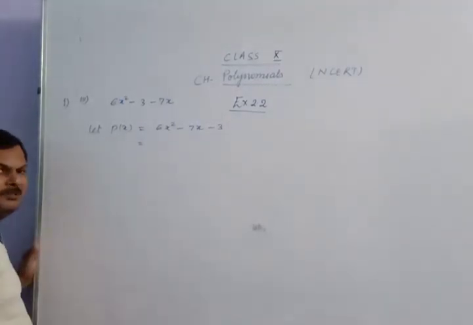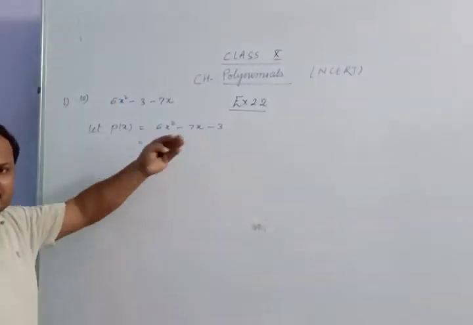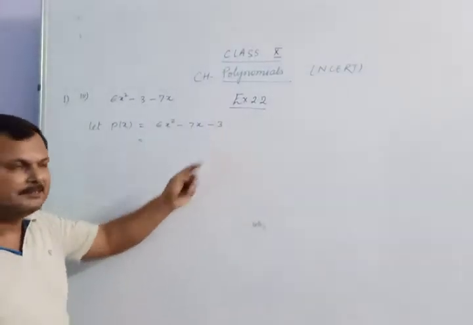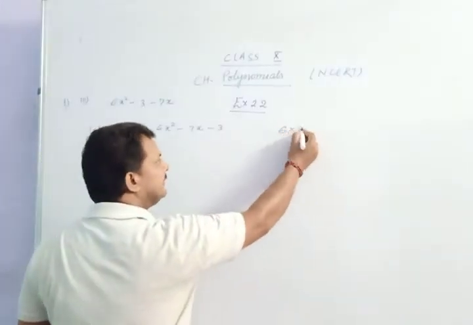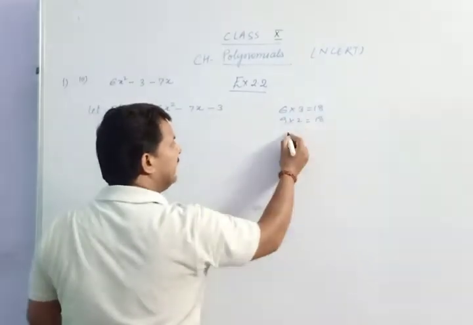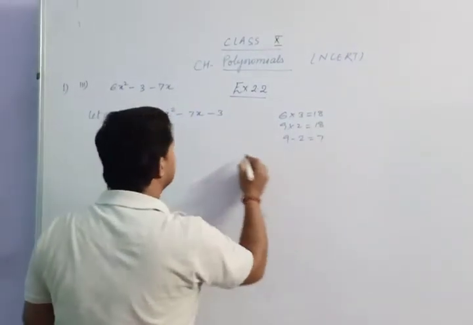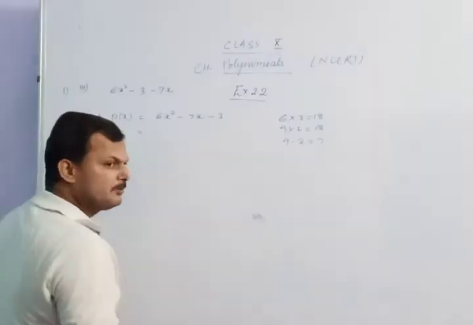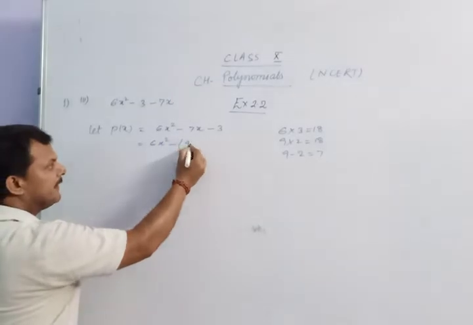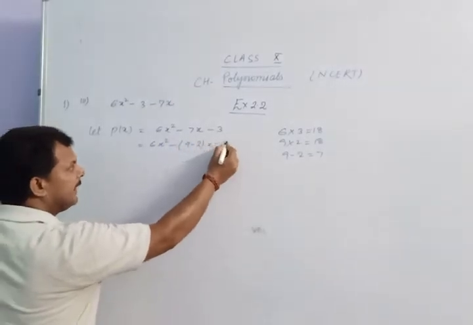Now you observe, you have again the same question as we have done in the first. We have to factorize. 6 threes are 18, and 9 twos are 18, and 9 minus 2 is 7. Here it is minus, that's why we have to subtract. So 6x square, here you can write 9 minus 2, x minus 3.